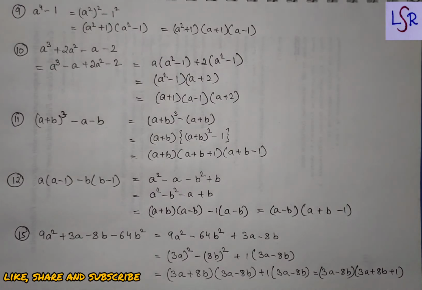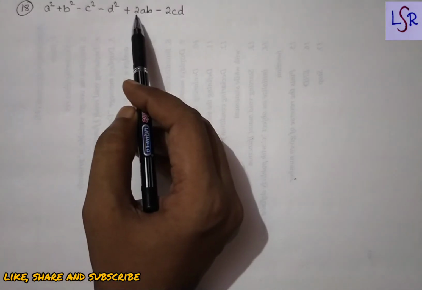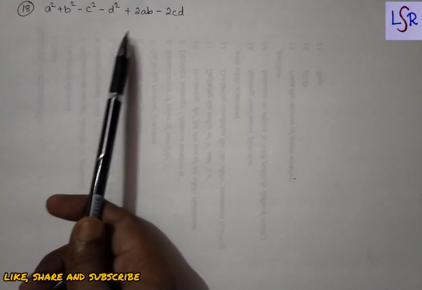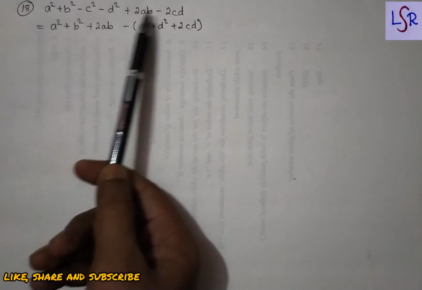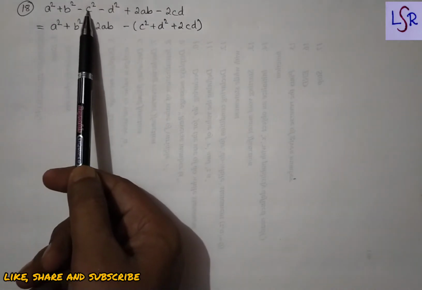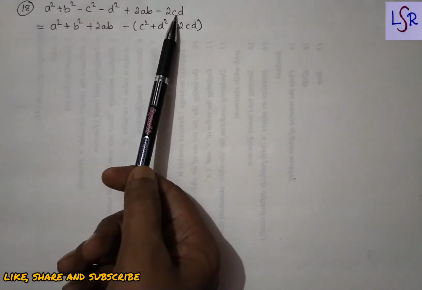Now let's see question number 18. Here we are having a square plus b square, and here we can see it is 2ab. Then we are having minus c square minus d square, and here minus 2cd. So we can rearrange this one as this one. Now I have written this with this, and then with these c square and d square we have written this, and as all of them were having minus sign, I have taken minus as common.